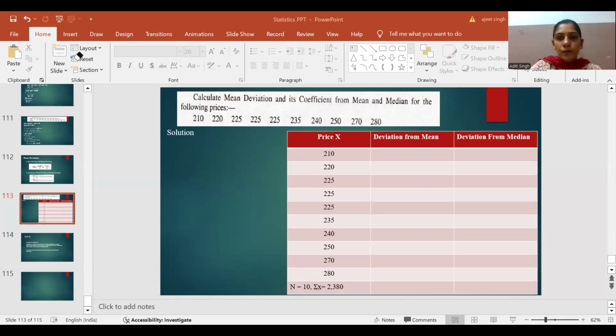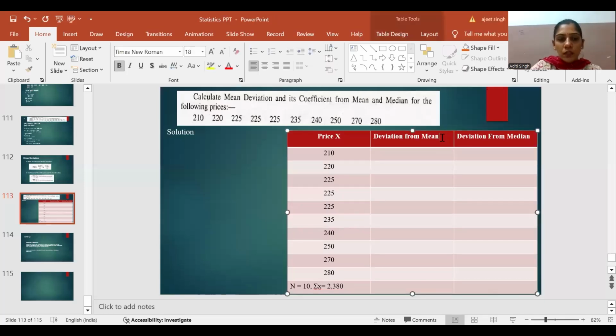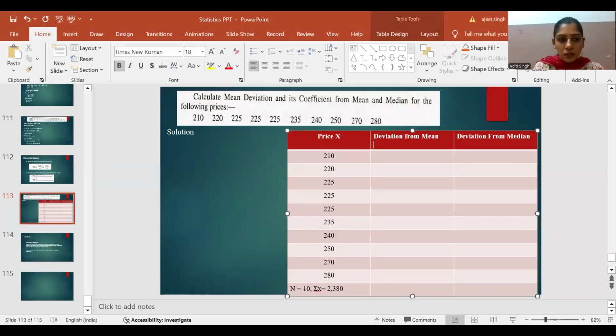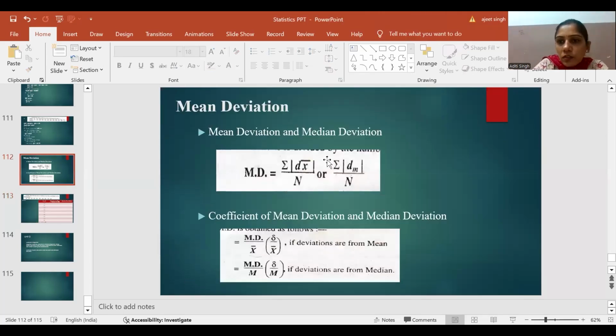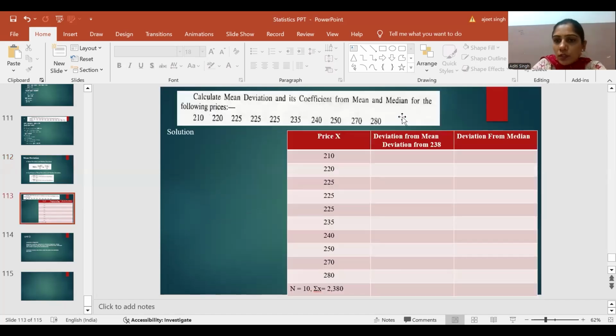Okay, so deviation from the mean, from 238. So what is deviation here? This is dx bar. Okay, so this is the deviation.